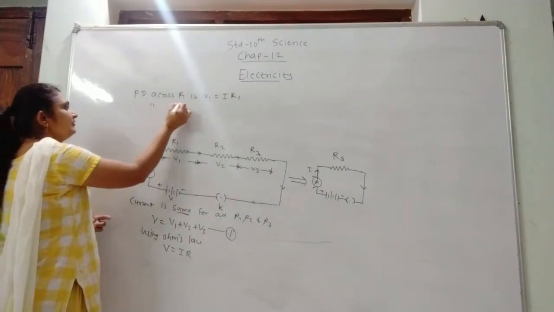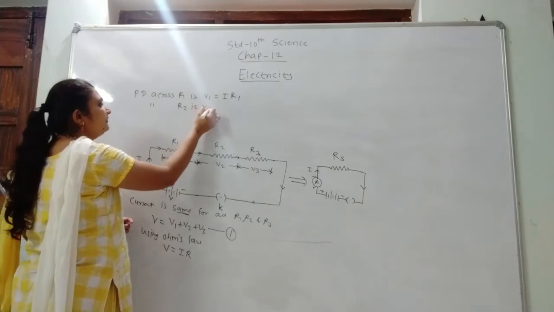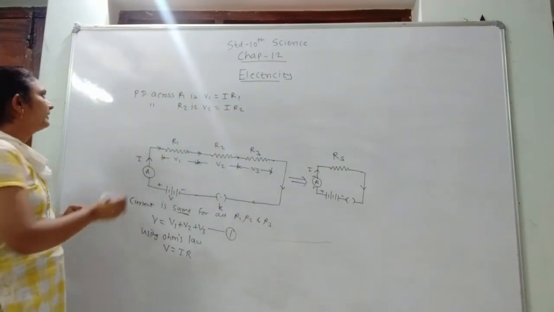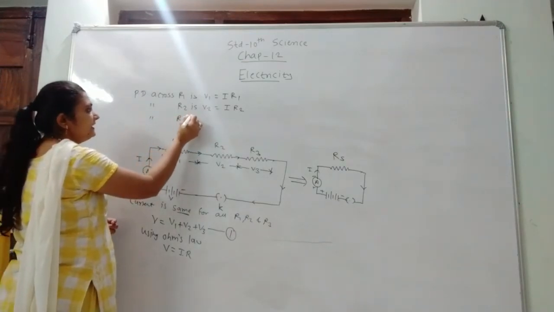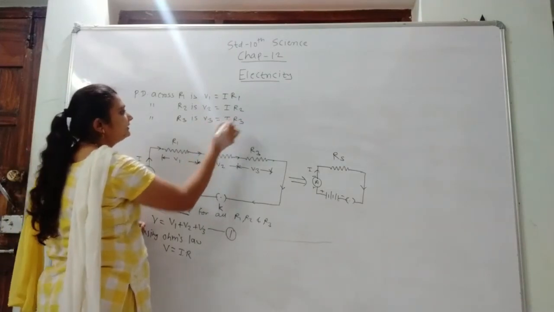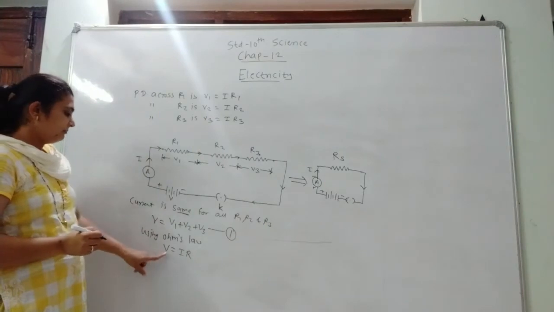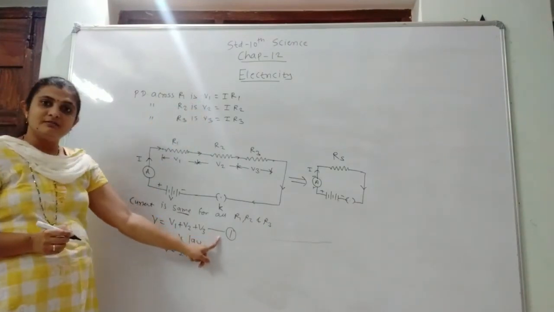Same, potential difference across R2 is V2 equals I R2, and again we have to find potential difference across R3, denoted by V3, is equal to I R3. Correct? Now put all the values of V, V1, V2 and V3 in equation number 1.